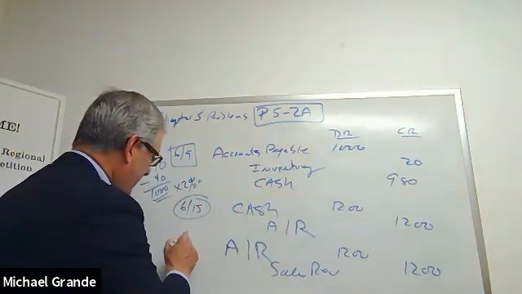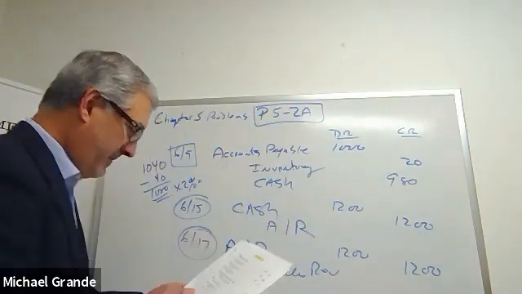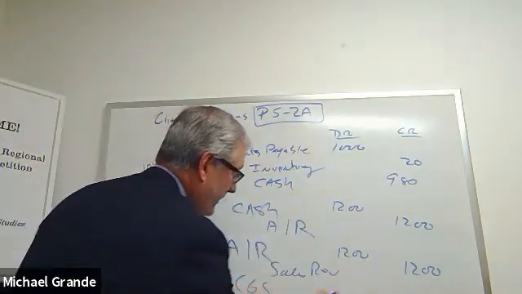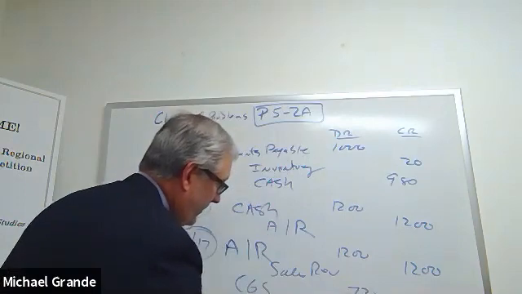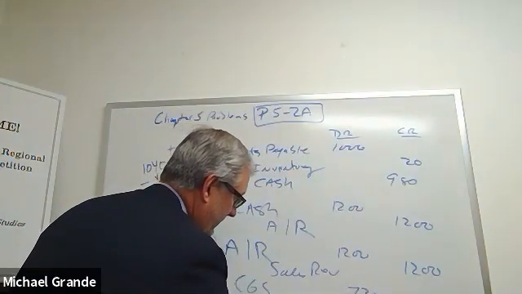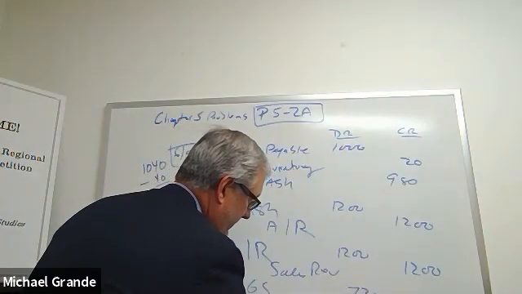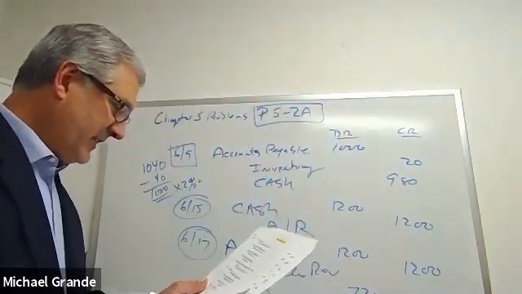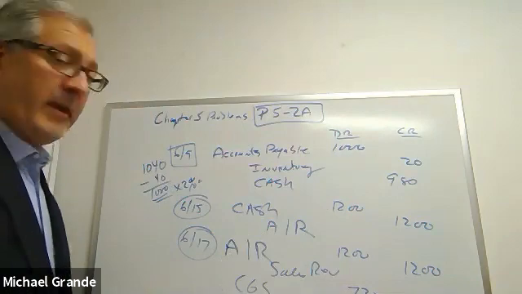Again, this is the 17th. And the cost of the sale, cost of goods sold, was $730. Credit inventory, $730. That's the 17th.